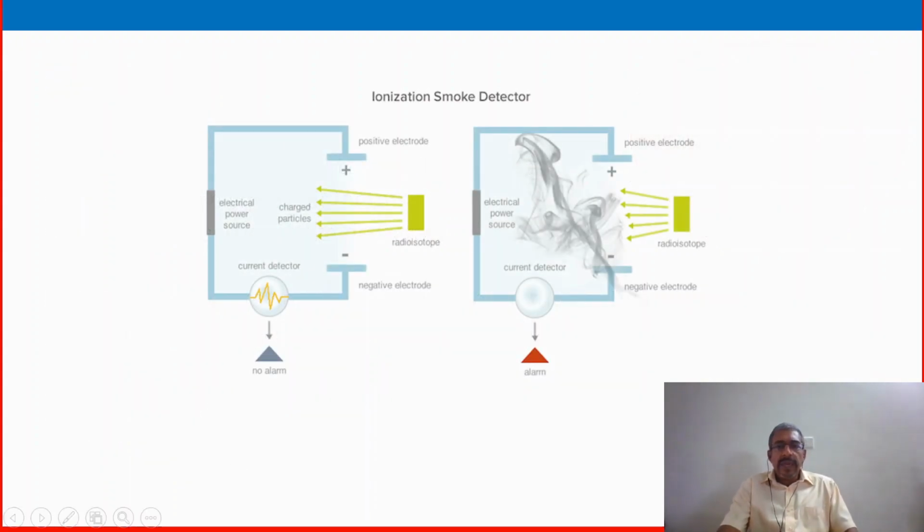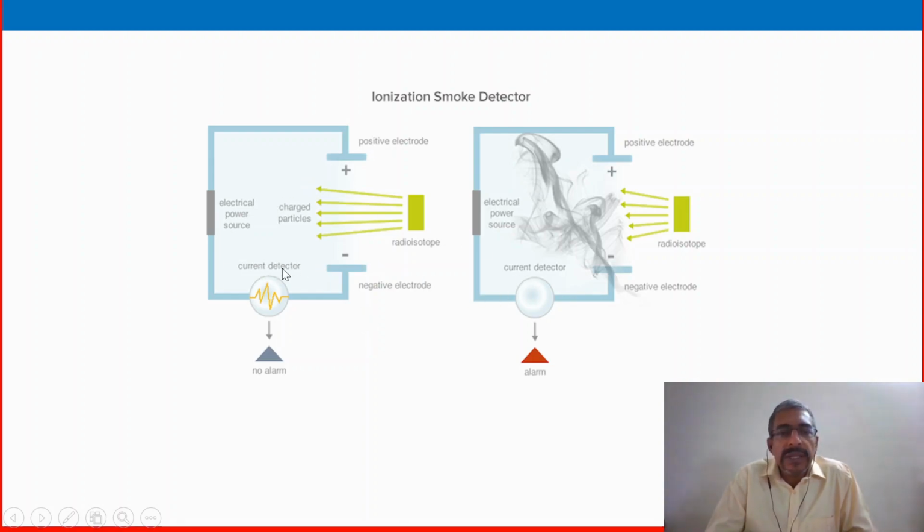Looking at this schematic representation, we will get some idea. The left side picture shows a normal condition, with no alarm: electrical power source, charged particles, radio isotope, positive electrode, current detector.